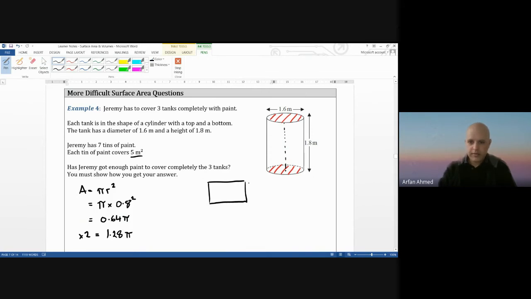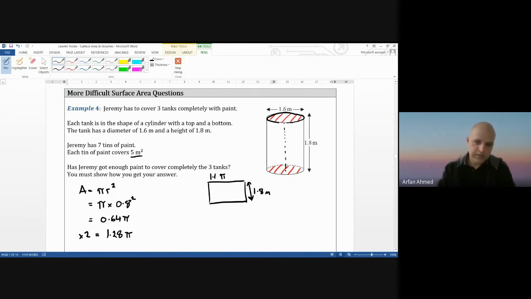So the height is the same as this bit here, the 1.8. And the length is going to be the same as the circular bit at the top. It's all the way that goes round here, that bit there. That's technically the circumference. So I need the circumference of the circle, which is pi times d. Well, the d is 1.6, so it's pi times 1.6.